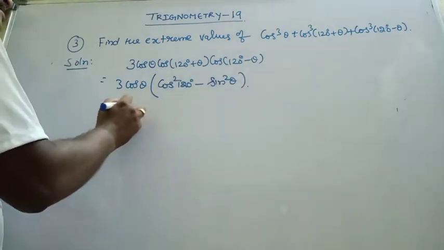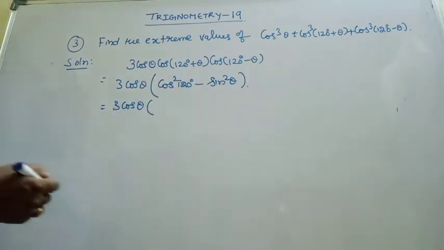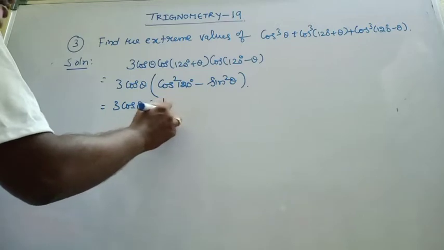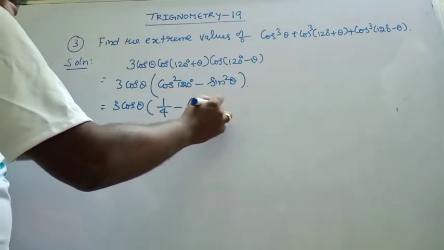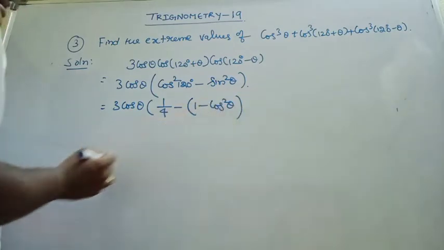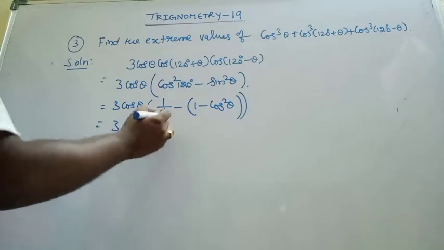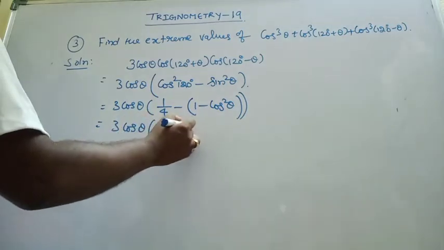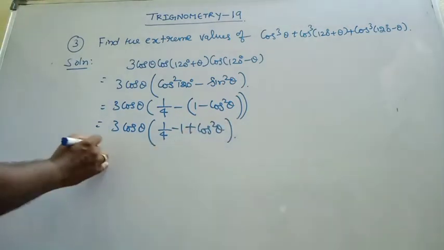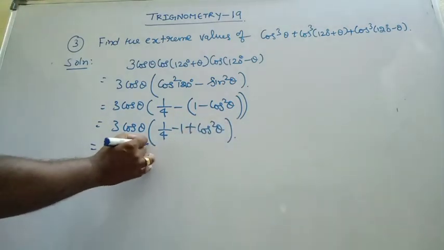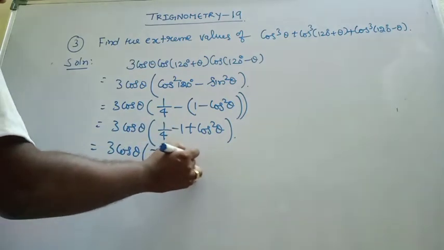Now this is 3 cos theta into, as we already know, cos 120 degrees is minus 1 by 2, so the square is 1 by 4, minus sin square theta. Sin square theta you can write as 1 minus cos square theta. Now this is 3 cos theta into (1 by 4 minus 1 plus cos square theta), which is 3 cos theta into (minus 3 by 4 plus cos square theta).